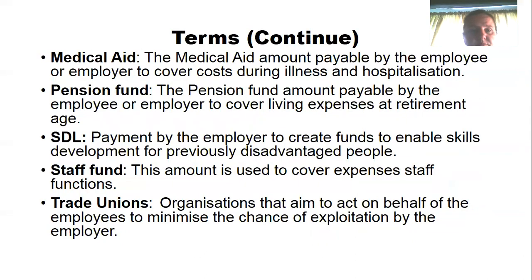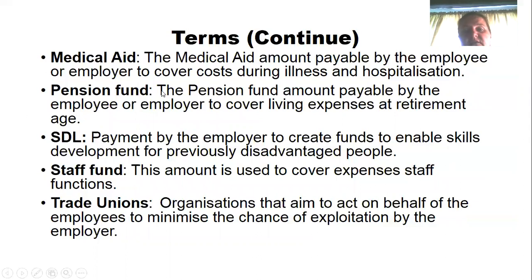Okay. And the next term we're going to look at is medical aid. Medical aid is an organization that covers medical costs, so that's obviously going to be more than what you have saved, and it covers things like illnesses and or hospitalization that can run up to millions.